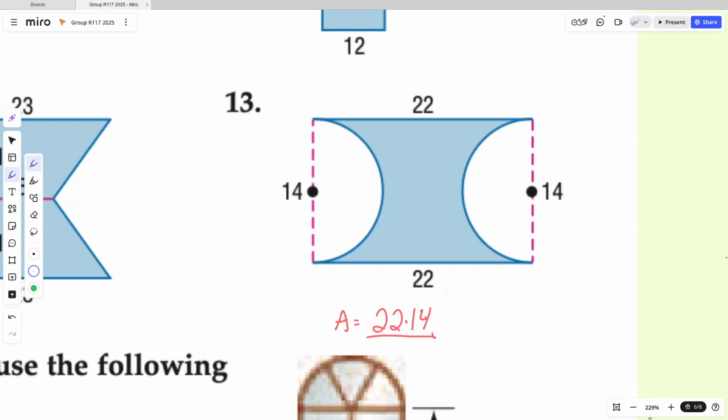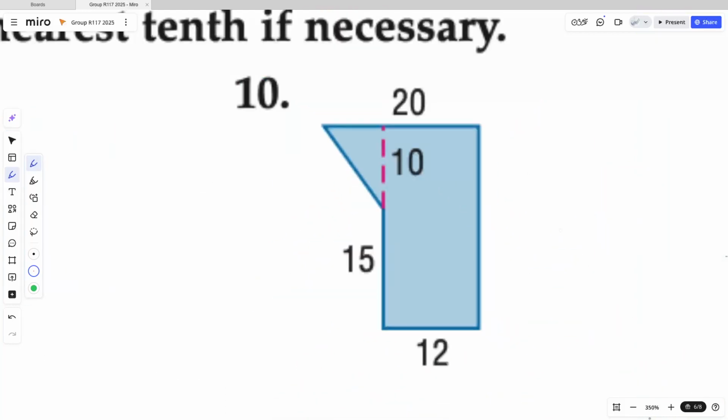That's the rectangle. And I'm going to take away 2 semicircles with a radius of 7. I think this first one, maybe not, that I'm doing with a triangle in it.